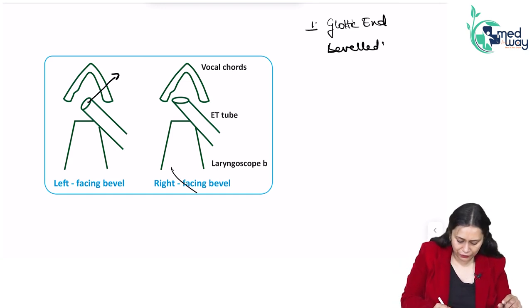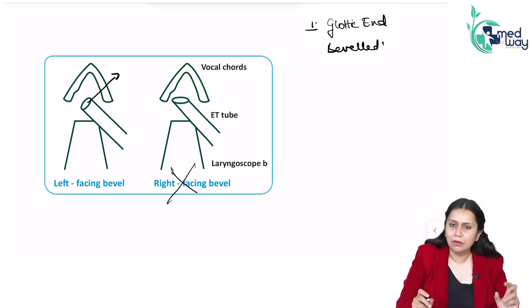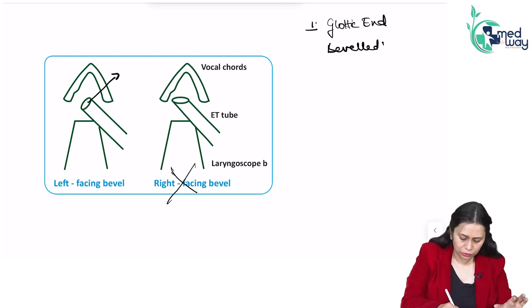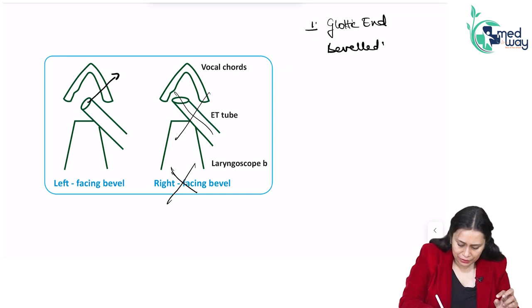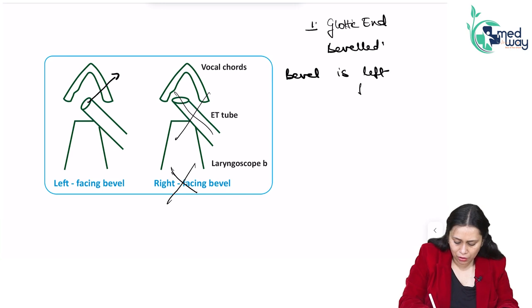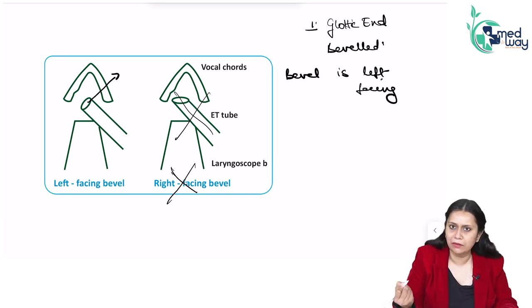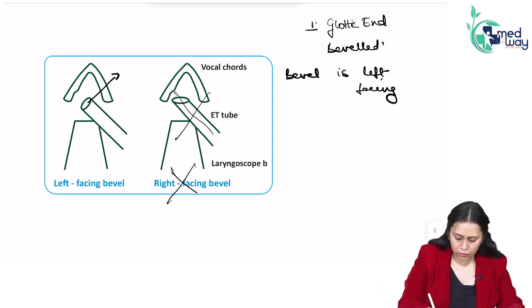If it is a right facing bevel, then our vision will get obstructed. So it is not right facing, it is left facing. The second point, the bevel is always left facing, because we hold the tube in our right, dominant hand. Mostly the maximum population is right handed, so it's left facing.